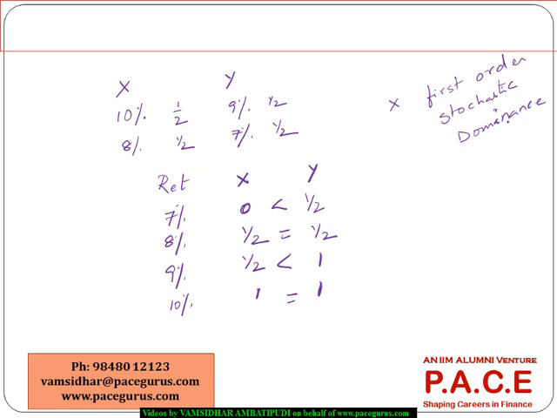Whereas when I am trying to bring in the second order, I am even bringing in the concept of risk averseness, along with non-satiation, preferring more to less.